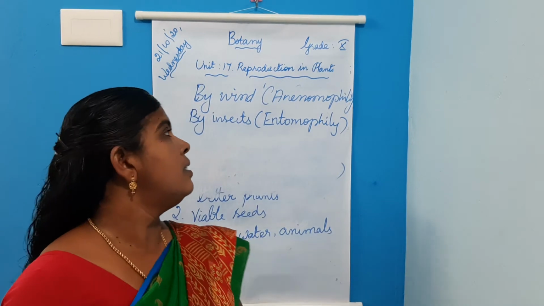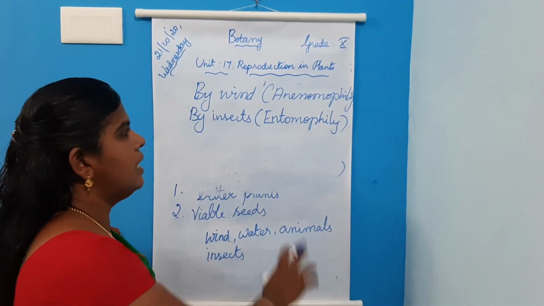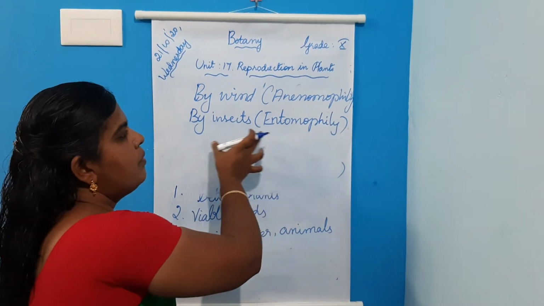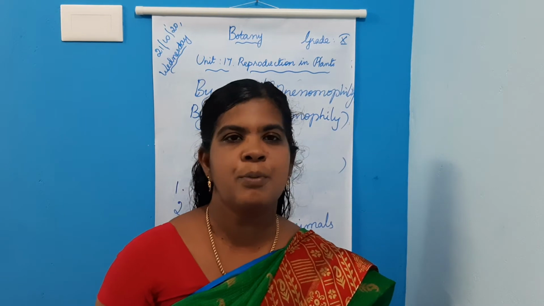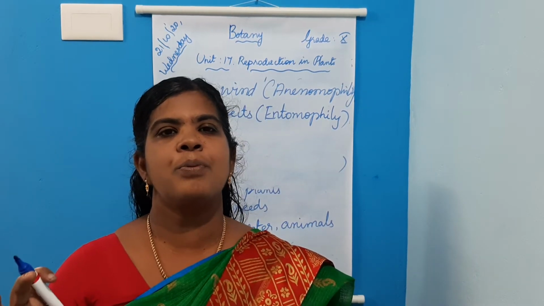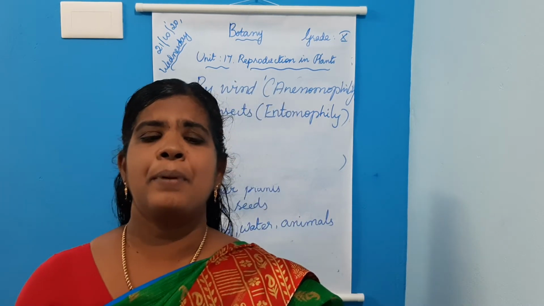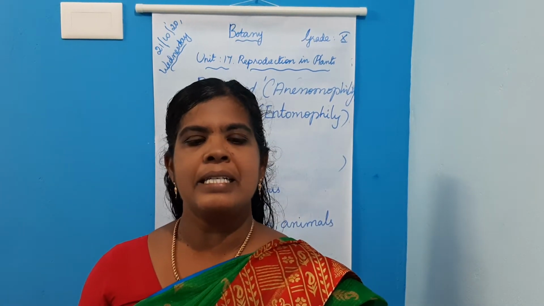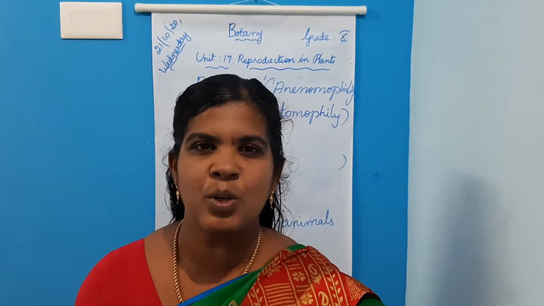So pollination by insects is also called entomophily. The flowers which are pollinated by insects are called entomophilous flowers. The flowers are brightly colored, have smell and nectar. Pollen grains are larger in size. What is exine?